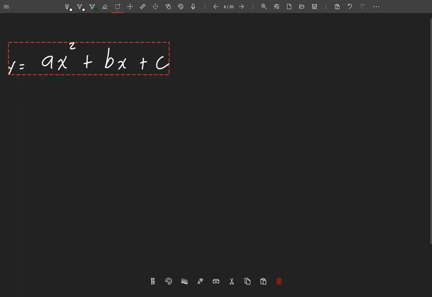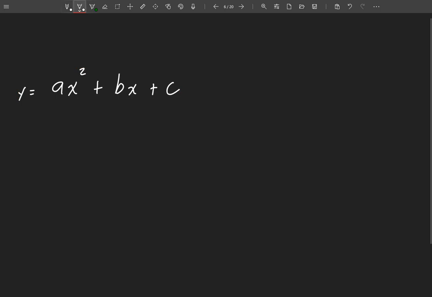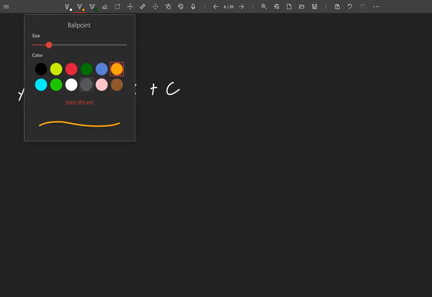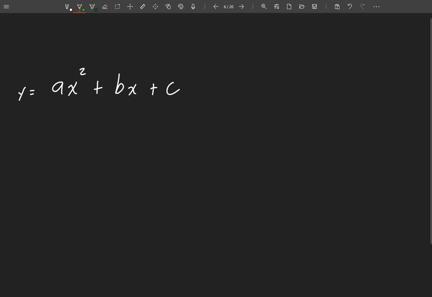Let me move this down a little bit. I'm going to name this. It's very important to know these names. If for no other reason, you'll see them pop up, and you need to know what they are. So this is the standard form of a quadratic.